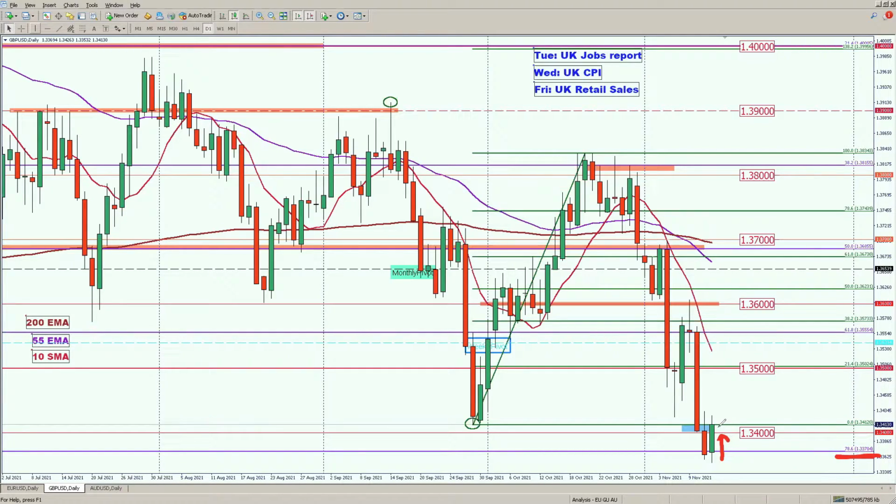So climb back up into this, retest this swing low, just above the 134. So let's update the fibs if we need to, and this support zone.